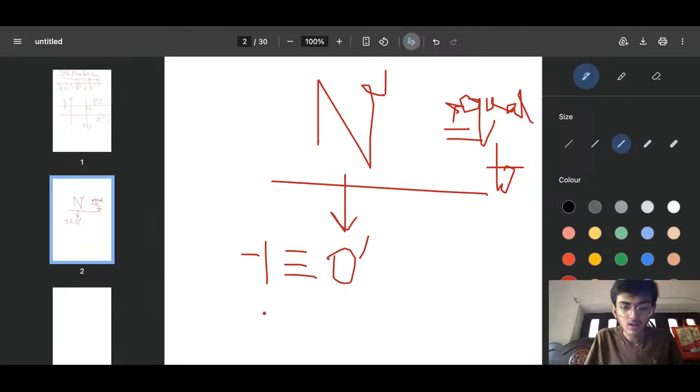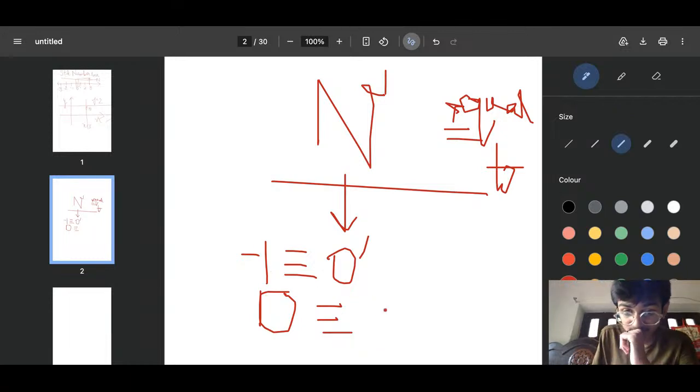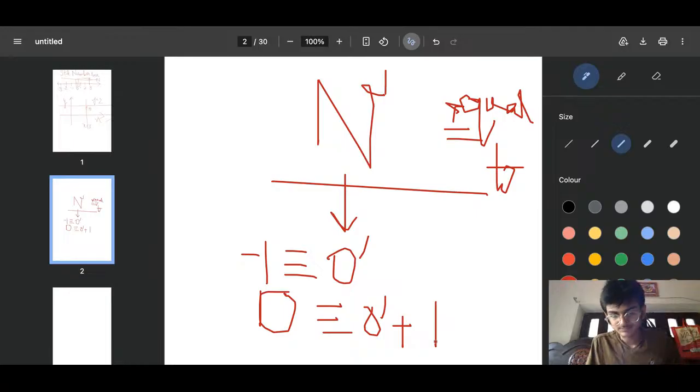Just see, what is 0 in the older system? It will be equivalent to... what you are doing is just using an operation here, adding plus 1 to both sides. So what will it be? It will be 0 dash plus 1, and this is actually equal to 1 dash.